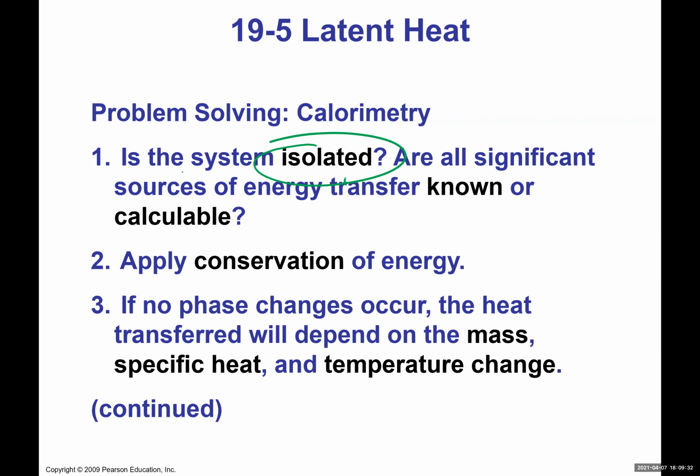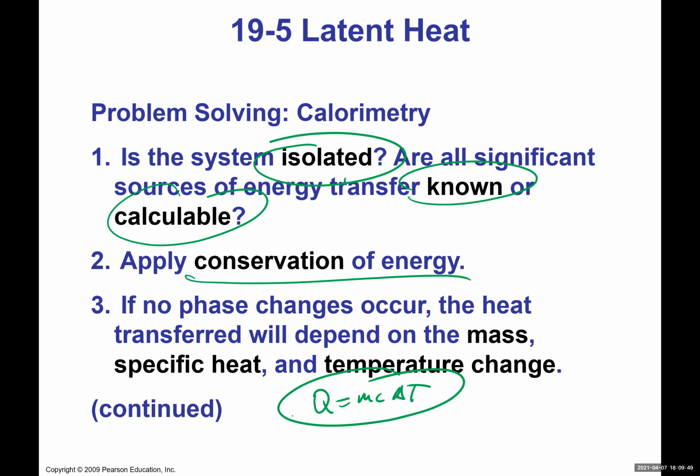Okay. So are all significant sources of energy known or calculable? If the answer is yes, apply conservation of energy. If no phase change occurs, the heat transfer will depend on mass, specific heat, and temperature change. That means Q equals mc delta T only. That's it. If there is a phase change, then Q equals M times L.